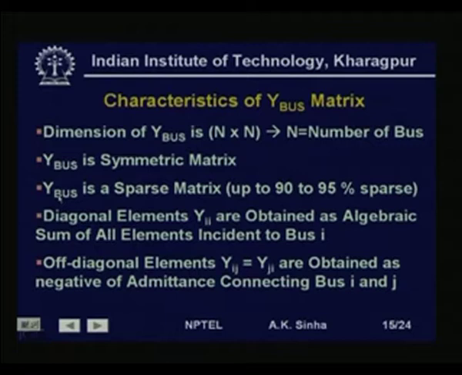Another feature of this Y bus matrix is that it is a very sparse matrix, that is, almost 90 to 95% of the elements of the Y bus matrix are zeros, and very few elements are non-zeros. This comes mainly from the property that we have seen here.